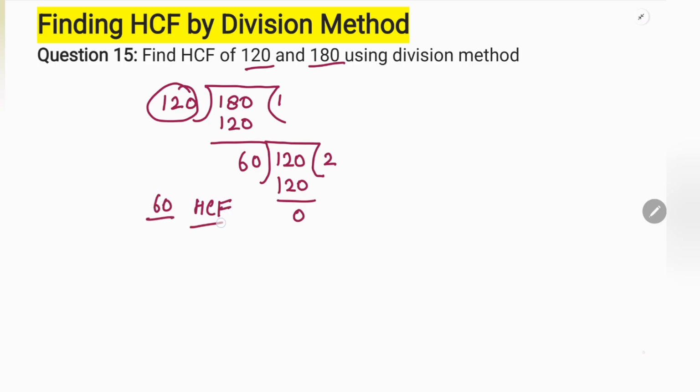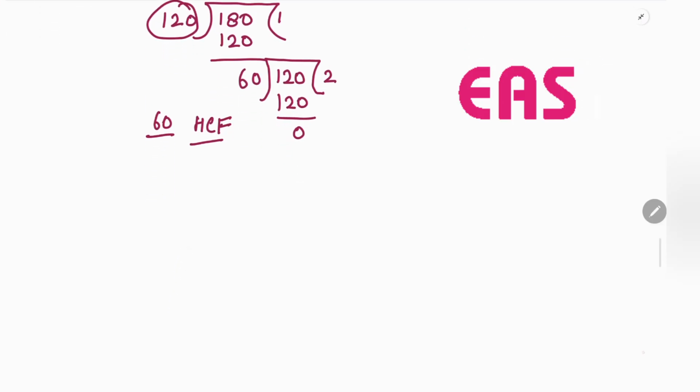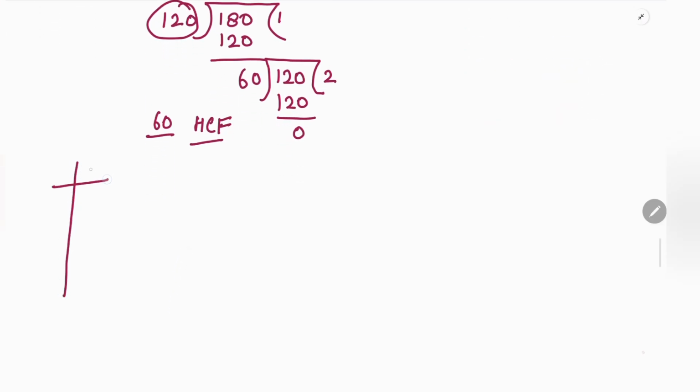Okay, I can verify as well. I will solve this question by prime factorization. 120 prime factorized: 2, 60, 2, 30, 2, 15, then 3, 5, and then 5, 1, right?